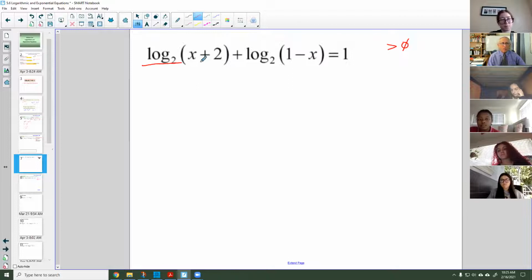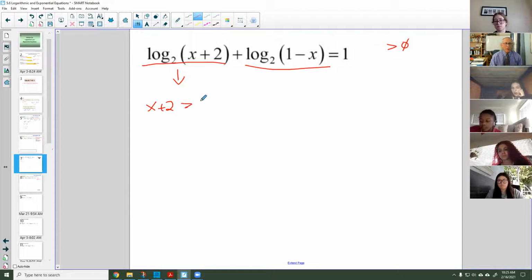I have this logarithm and I have that logarithm. This one over here says x plus 2 has to be greater than 0. So this one is saying x has to be greater than -2. Is everybody okay with that? Yes. Okay, good.